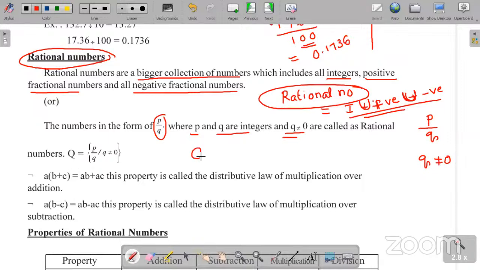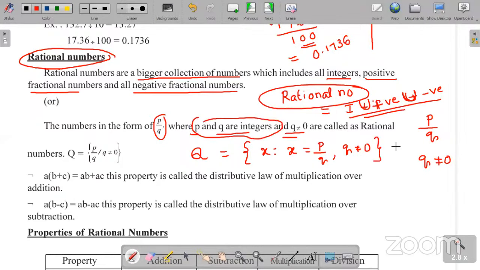Now we can write like this. Rational numbers are denoted by the letter Q. Q is equal to X such that X is equal to P by Q. Here Q does not equal 0, and P and Q are integers. So this is actually called rational numbers.